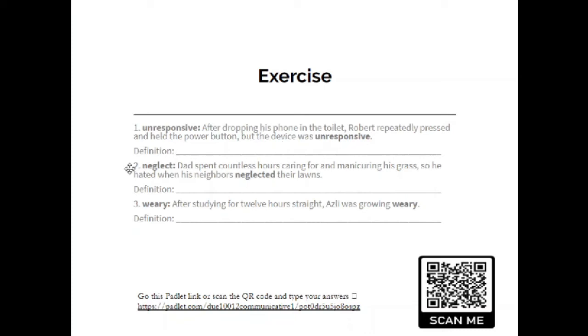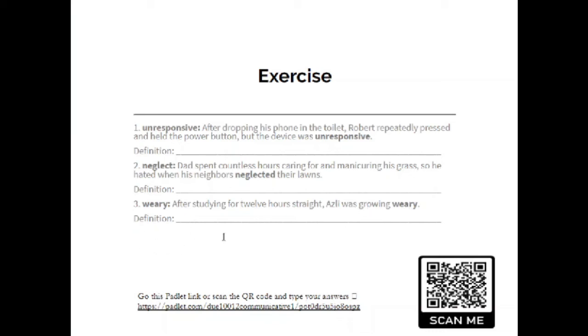What's the definition? For word number 2, neglect. Dad spent countless hours caring for and manicuring his grass, so he hated when his neighbors neglected their lawns. So what's the definition? Number 3, weary. After studying for 12 hours straight, Azli was growing weary.